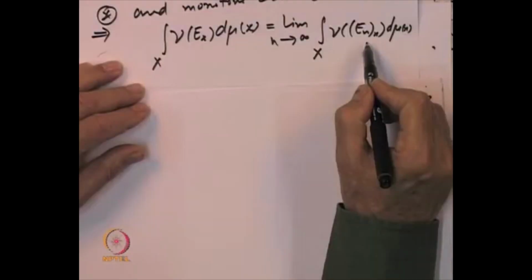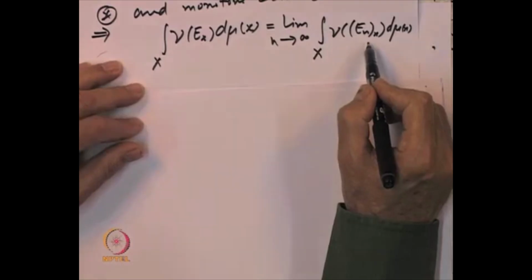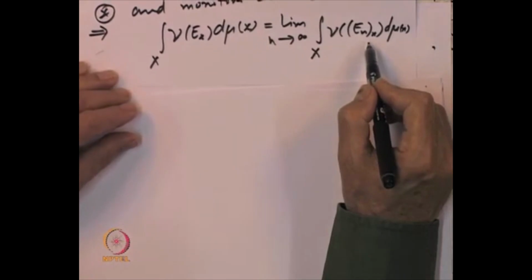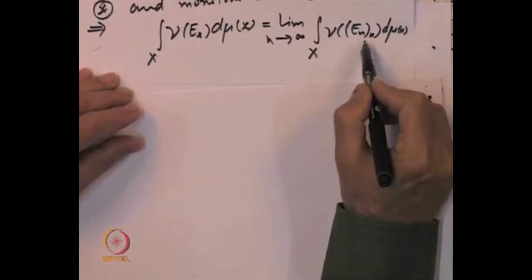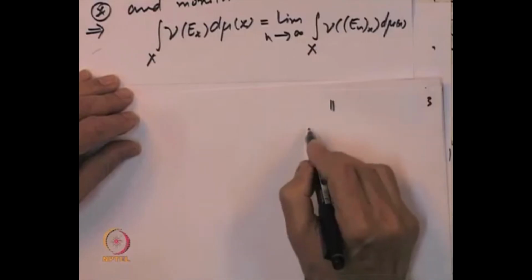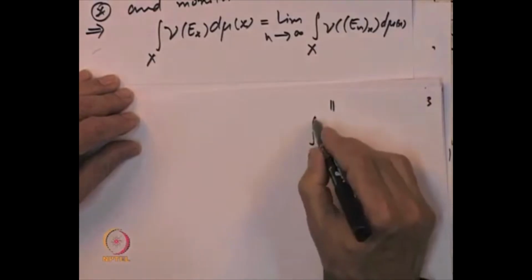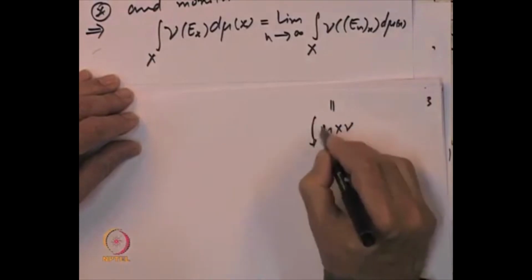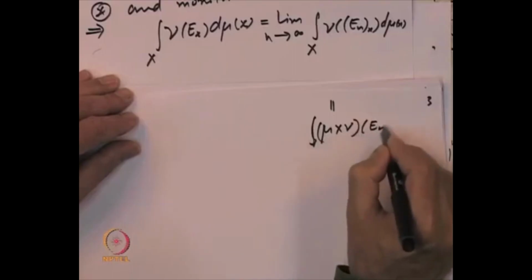Let us observe that E n belongs to the class P. So, property 2 of that says that if I integrate nu of E n, so the sections, with respect to mu, this integral is equal to the product measure mu cross nu of E n. Okay.